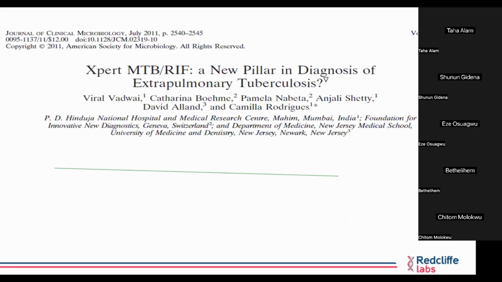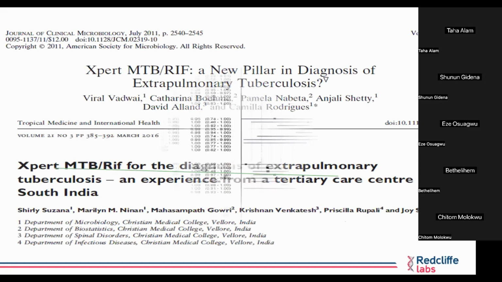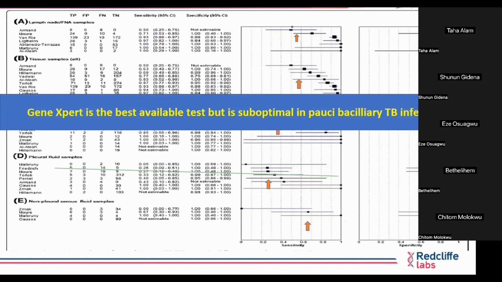So Dr. Camila Rodriguez in Hinduja Hospital published these results, and subsequently it was also confirmed by colleagues from CMC Vellore. A meta-analysis later on indicated that though the specificity of the test is good, in paucibacillary tuberculosis, Gene Expert is suboptimal.